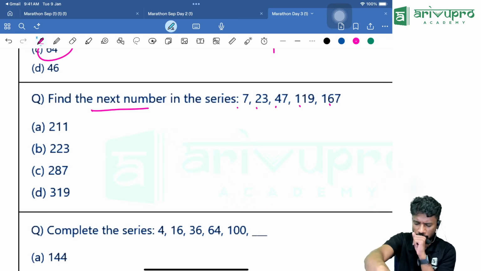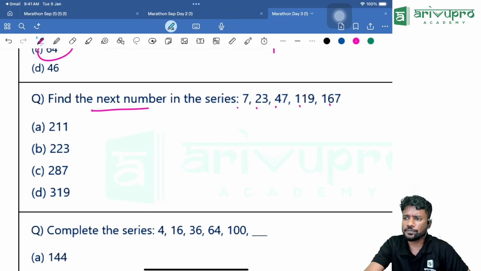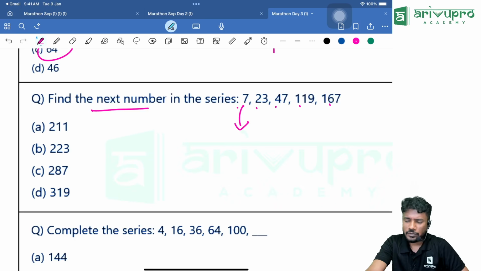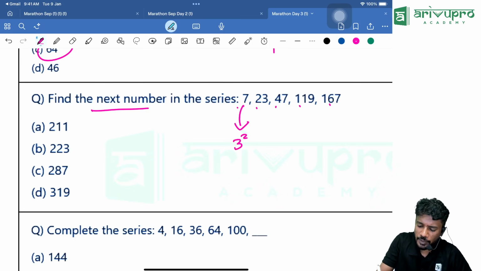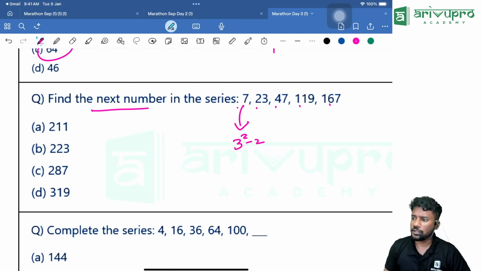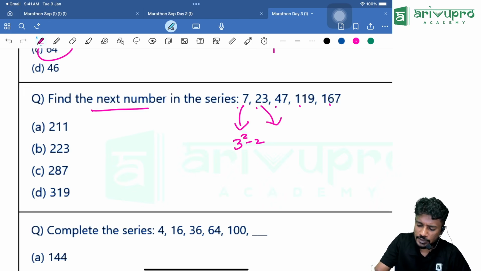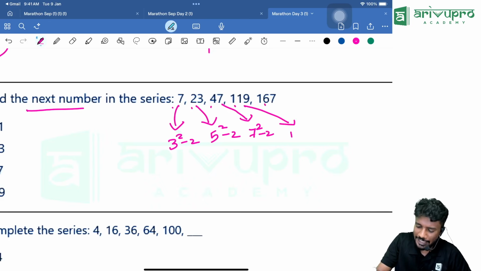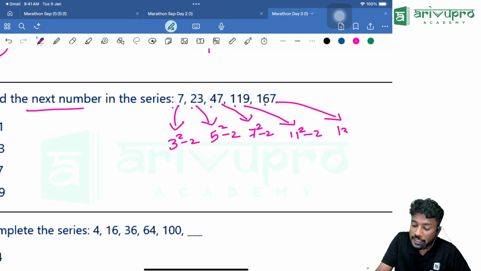Here, can I say 3 square minus 2? 5 square minus 2? 7 square minus 2? 11 square minus 2? 13 square minus 2?